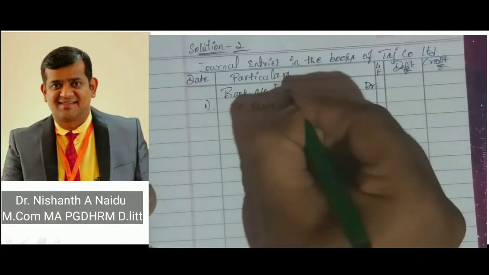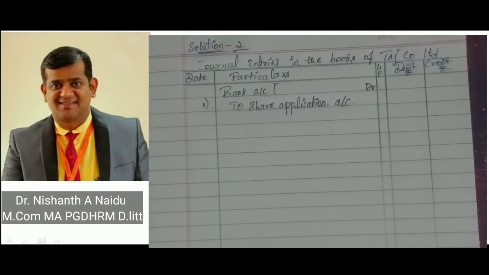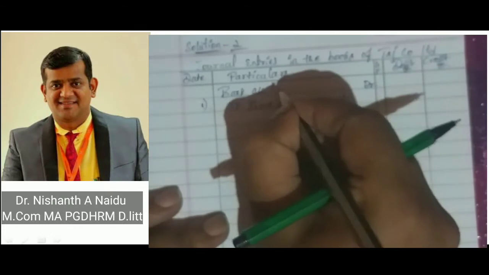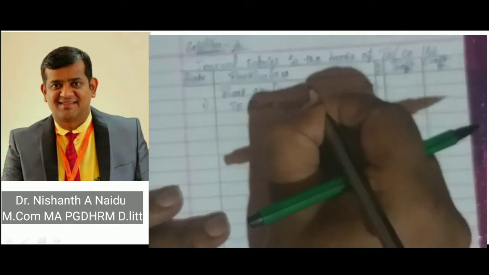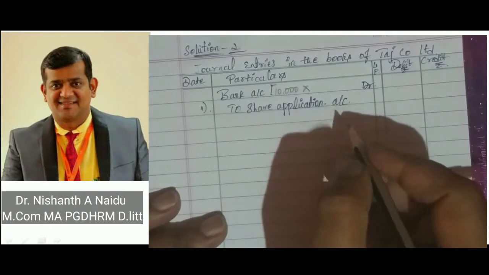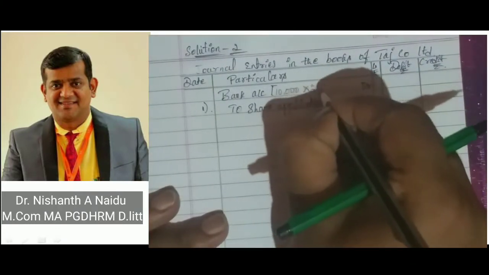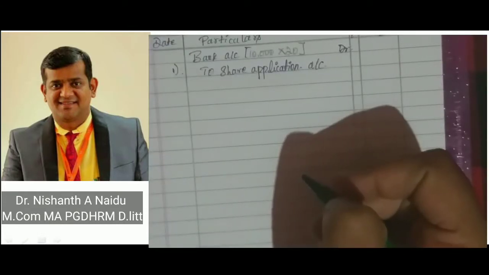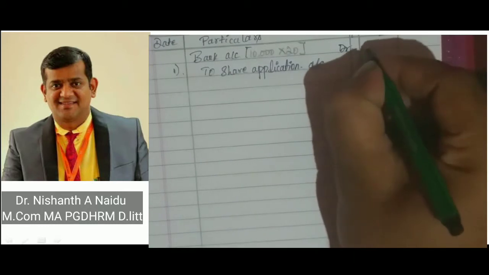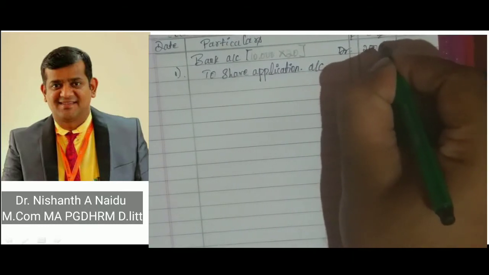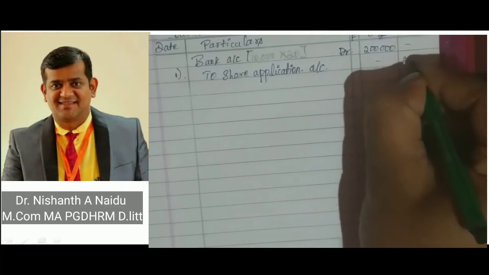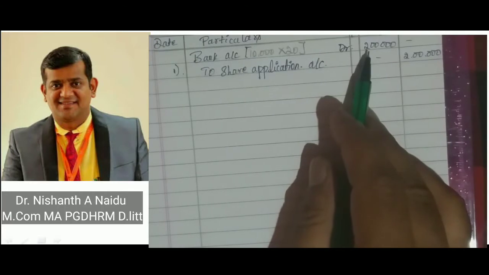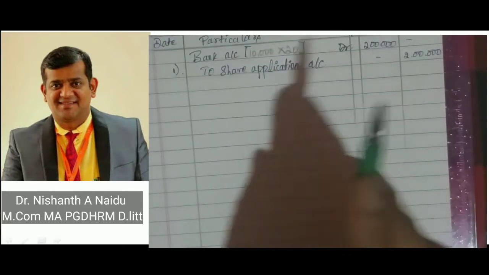How many shares has the company issued? 10,000 shares, correct? So 10,000 into what is the application money? 20 rupees. Multiply 10,000 into 20. How much did you get? 2 lakh rupees, on both sides. 2 lakh, 2 lakh. In bank account we have received 2 lakh rupees against share application account.